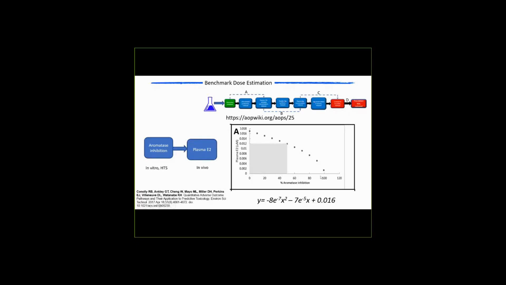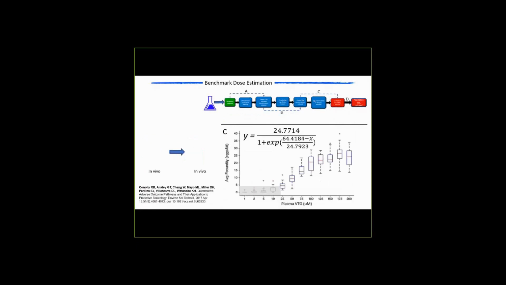So for a percent inhibition of this enzyme aromatase as measured in an in vitro assay, we can actually predict, based on this mathematical relationship, the likely concentration in the plasma.